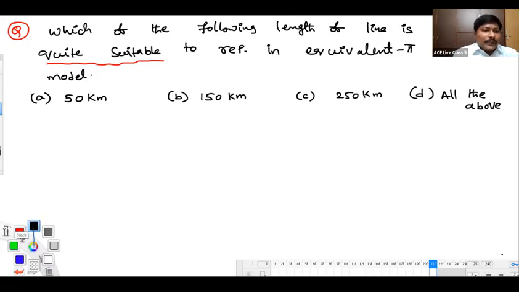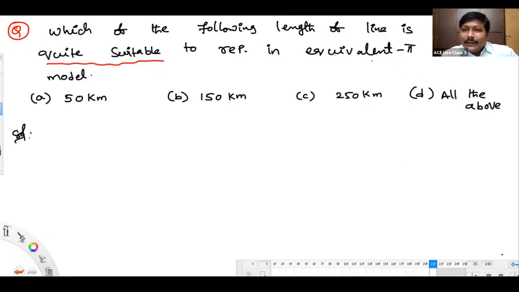See, which model did he say? Equivalent pi. Equivalent pi model is for which line, short line or long line? Long line.